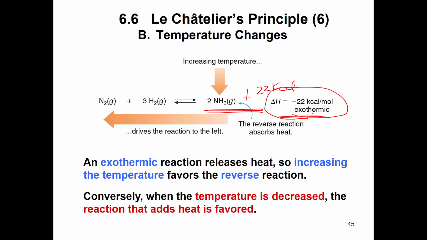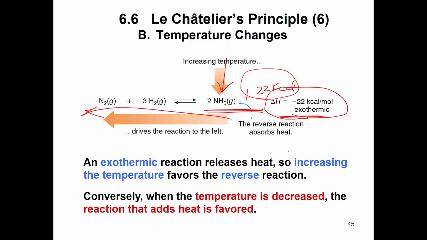So if it's a negative enthalpy, negative 22, that's the same as saying the heat is a product, so the product is 22 kilocalories. If I add temperature to this side that I already had the 22 kilocalories on, it's going to drive it to the left. So in the exothermic reaction, if you increase the temperature, it's going to favor the reverse reaction.